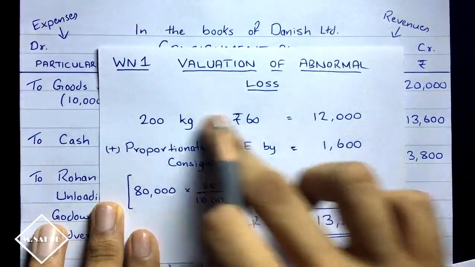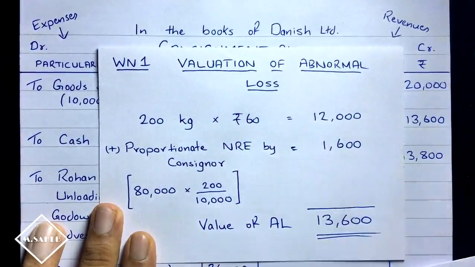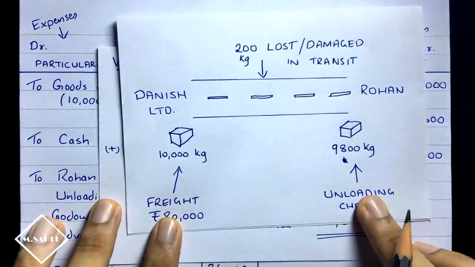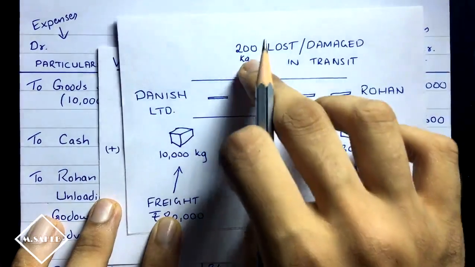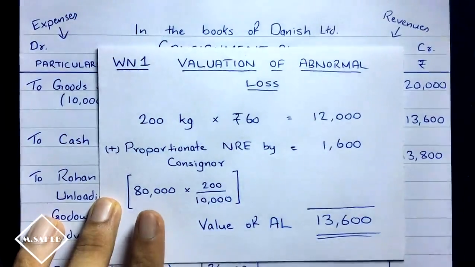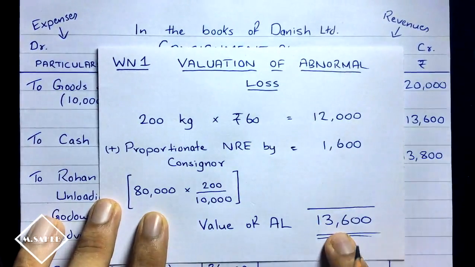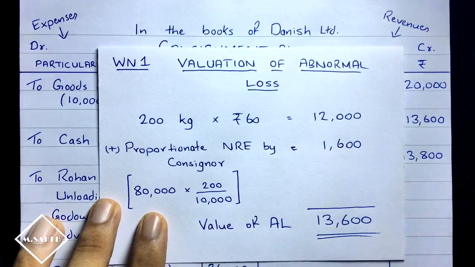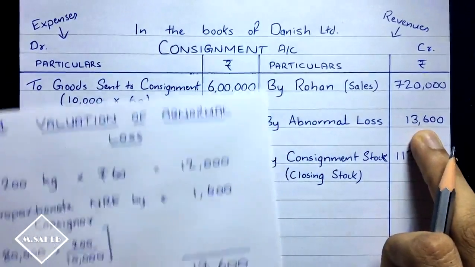Simple, right? The cost price of damaged goods and then add the proportionate non-recurring expense. But here we will ignore the non-recurring expense by Rohan, because this expense was not incurred on these 200 kg. So we will ignore that. We will only take the consignor expenses, and we have got 13,600, and that will go to the credit side as by abnormal loss 13,600.